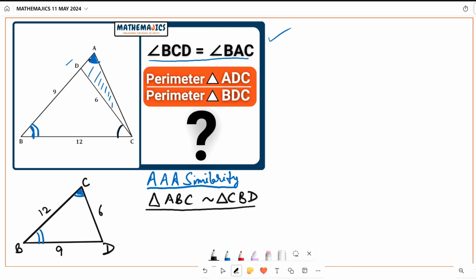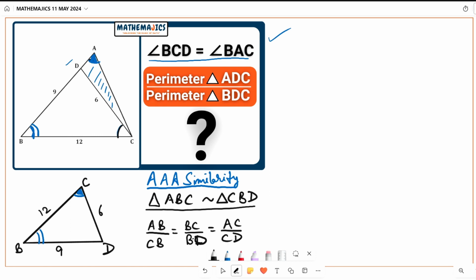That means AB upon CB will be equal to BC upon BD, which will be equal to AC upon CD.